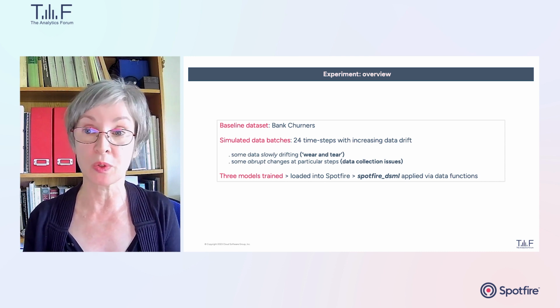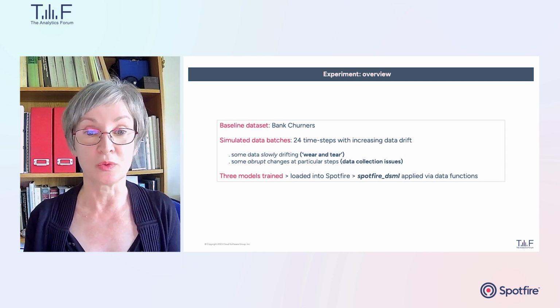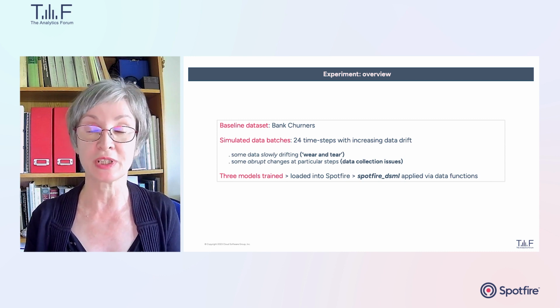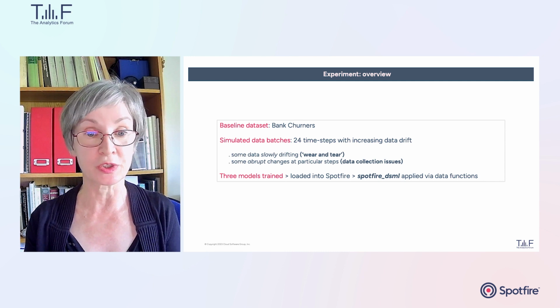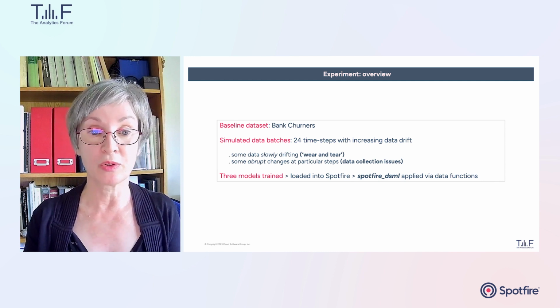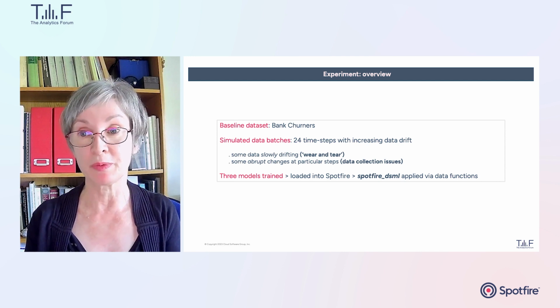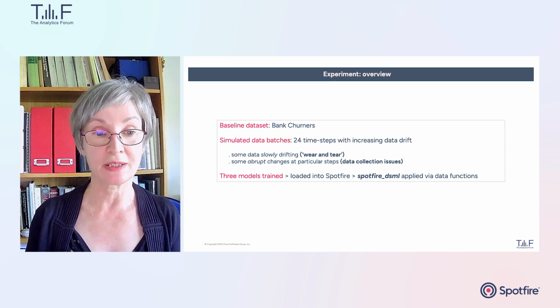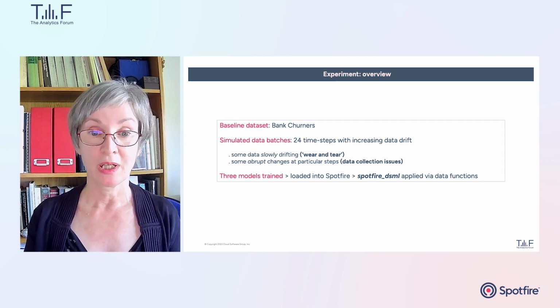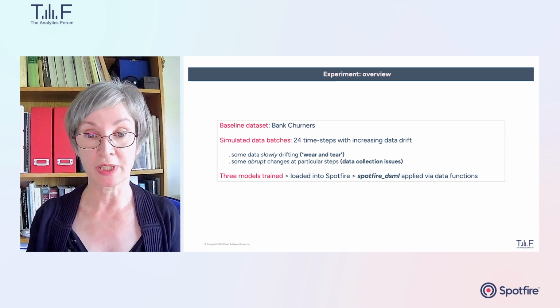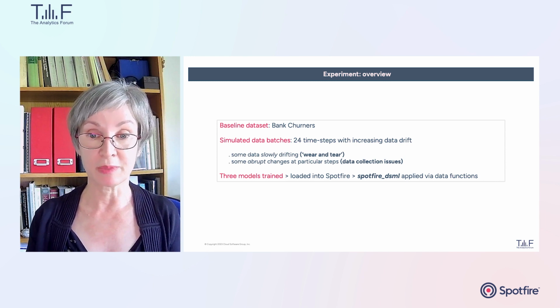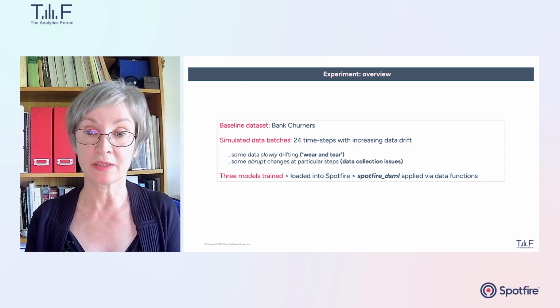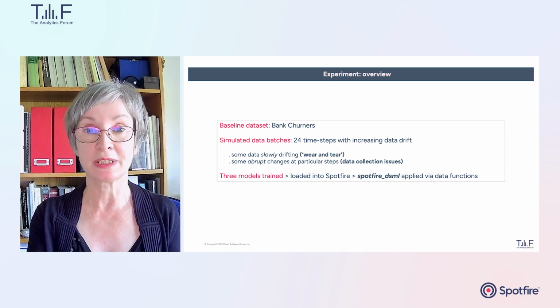It could be some slow drift, so-called wear and tear of the data, for instance, changes in the data due to inflation, or some more sharp changes in the data at particular time steps, and we attribute these to possible data collection issues. We also trained 3 predictive models, and we loaded everything into Spotfire and used the Spotfire DSML Python package via data functions in Spotfire to detect the drift.